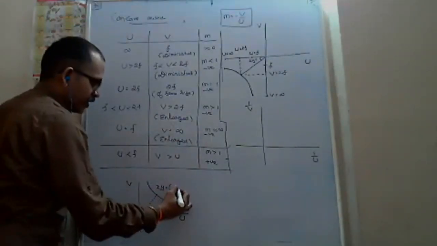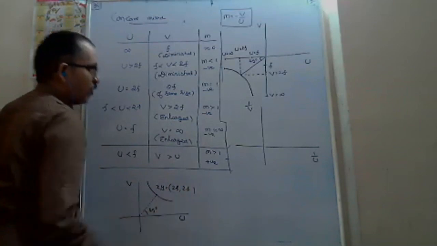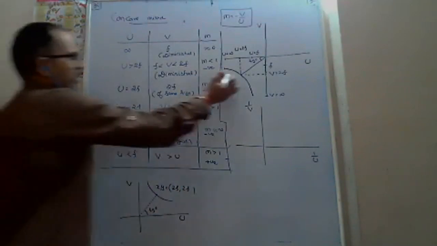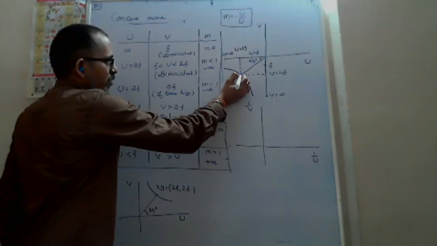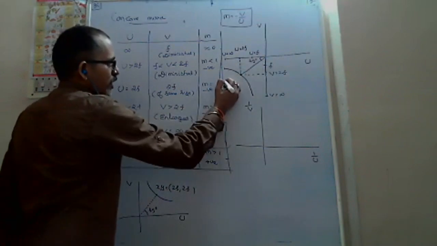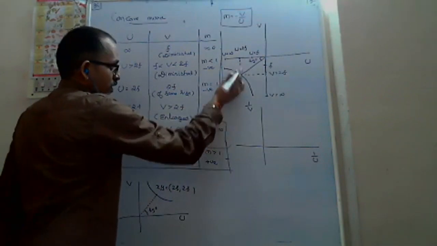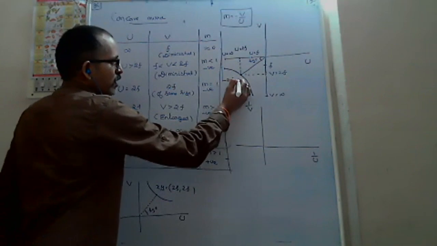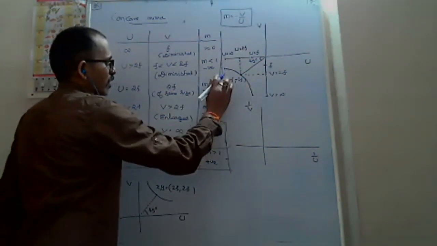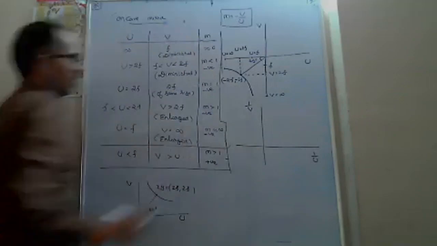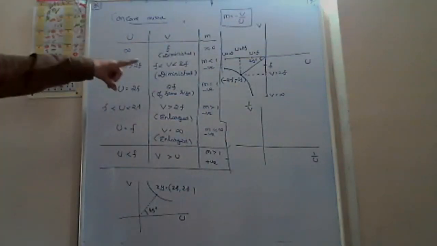From there, we can understand that they meet at 2f comma 2f. Whereas in this case, you already used sign conventions. That's why in the third quadrant, the coordinates are minus 2f, minus 2f. These are the coordinates with the sign conventions, and this is without sign conventions.